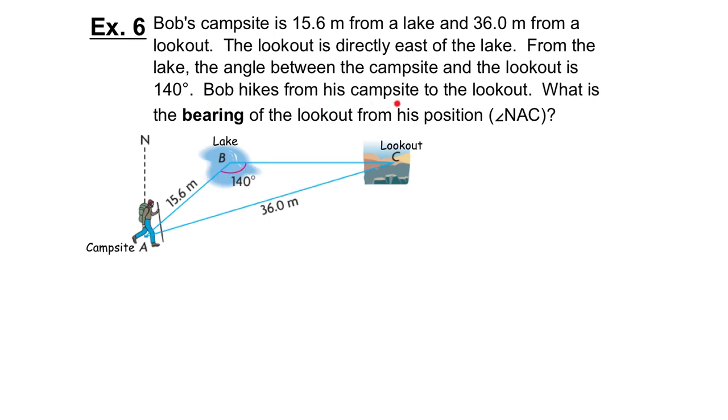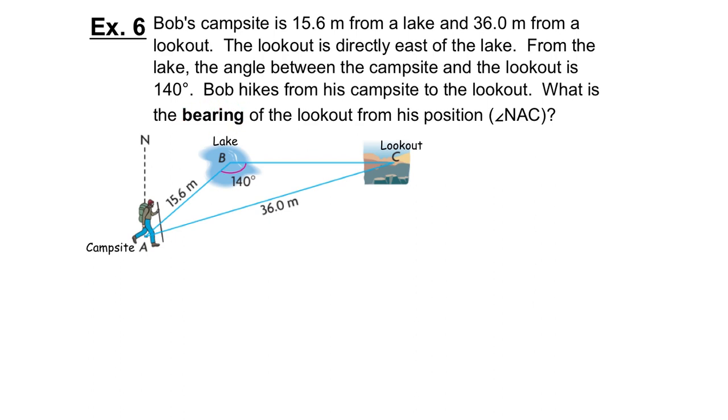Bob hikes from his campsite to the lookout. So he's walking along this route. What is the bearing of the lookout from his position? Now I want to just talk about this word bearing. If you're not familiar with orienteering or using a directional compass, you might not be familiar with what a bearing is.